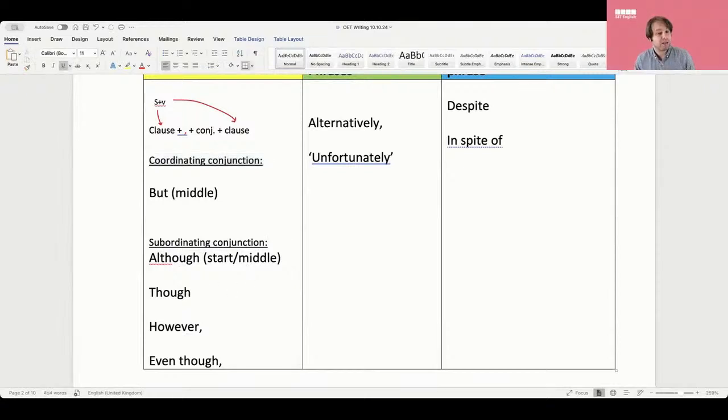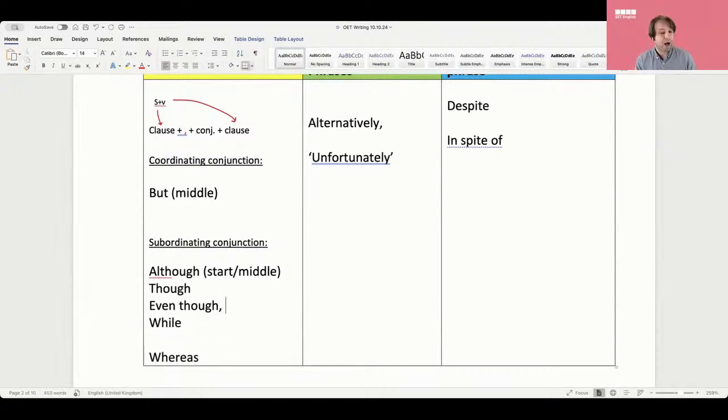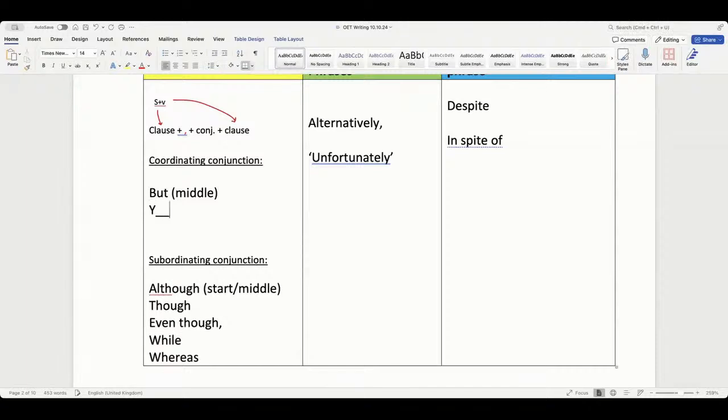Although is a subordinating conjunction. Though, even though, while, whereas, all of these are called subordinating conjunctions. They can go in the start or the middle. What about but? Only the middle. There's one more. Can anyone think of one more?